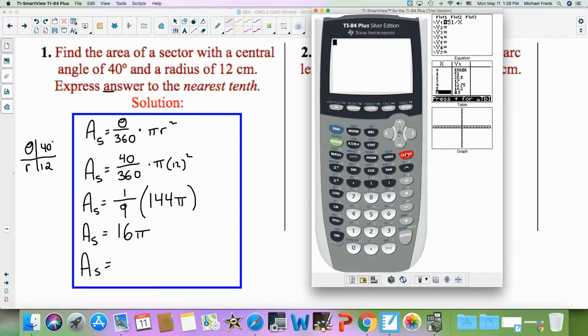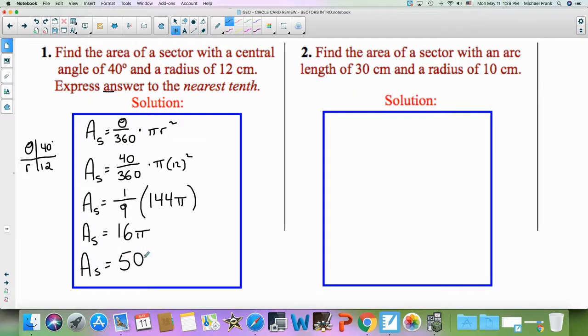So I'm going to clear out my calculator and just put in 16 times the pi key, and round that off to the nearest tenth, which is going to be 50.3. And they actually gave me the units this time in centimeters. So I'm going to say square centimeters. And that is the approximate area of that sector. It's always approximate when you're rounding off.